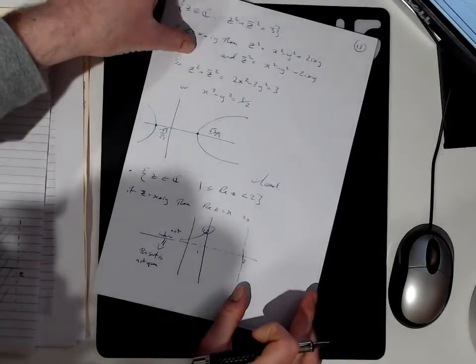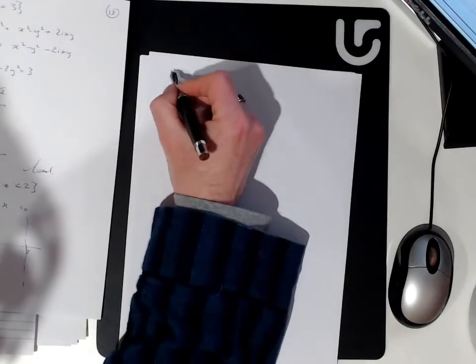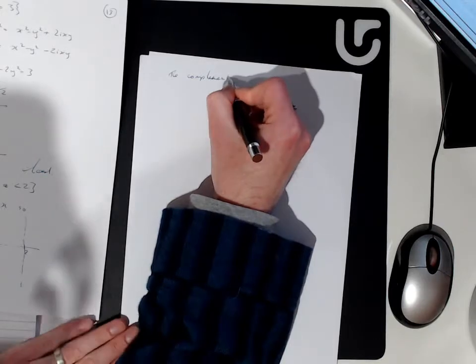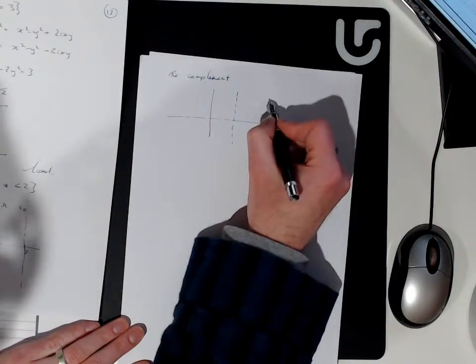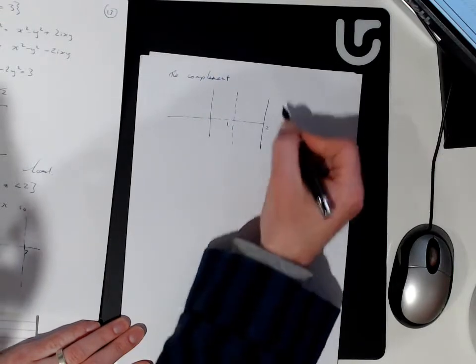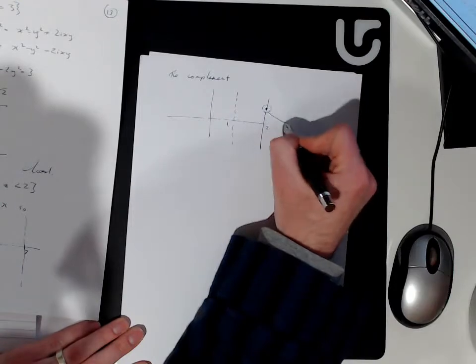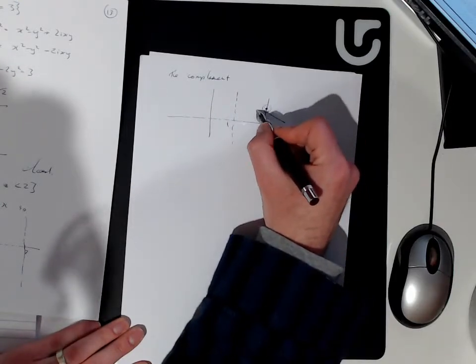What's the complement look like? So take a point here, take a neighborhood around it, it will always intersect the original set.